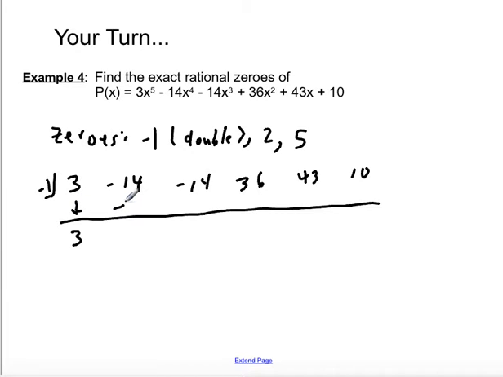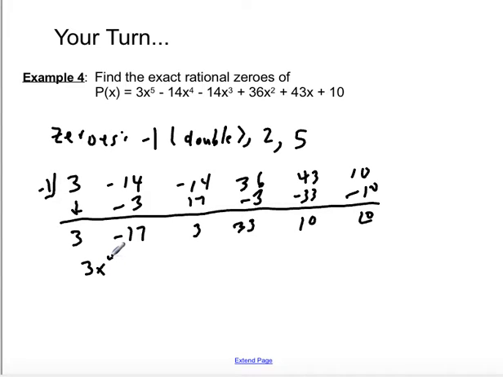Multiply by what's inside the box. Add these together. Multiply by what's in the box, add together, and repeat across the row until the end.